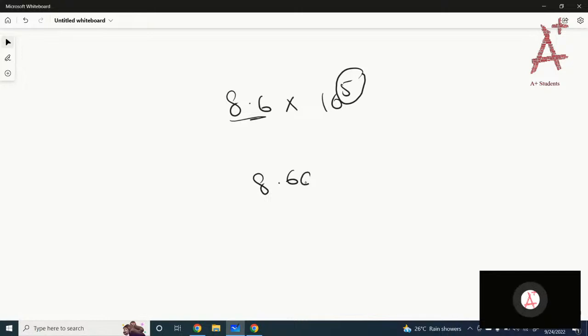You have only one, so add 4 zeros to make it 5 places. 1, 2, 3, 4, 5. Now you have 5 decimal places. You have to move your decimal point from here to here. So it is then 860000. Got it? So the first option is the correct one. Select the correct option and click on the OK button.